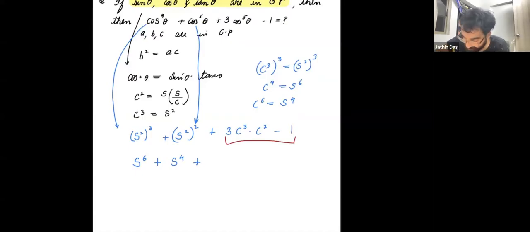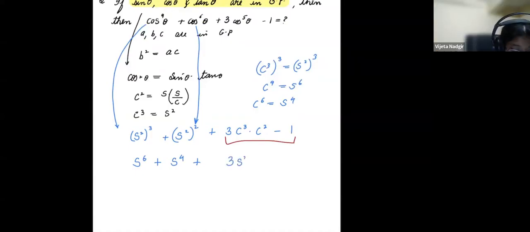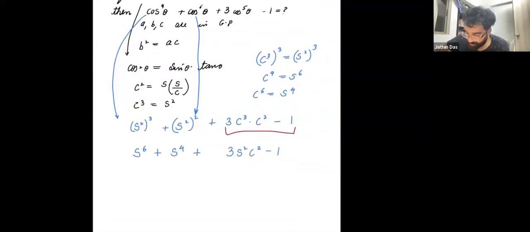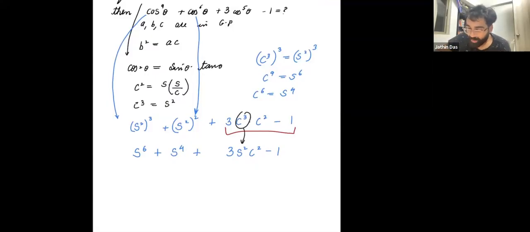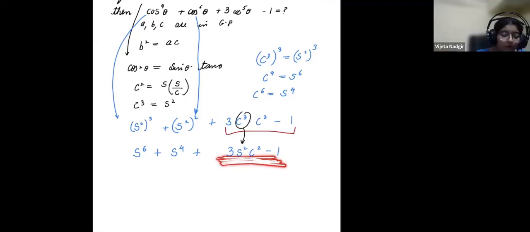Cos square is sine square by cos. Did you get this expression now? I converted cos cube to sine square. After seeing this, does something click in your mind?